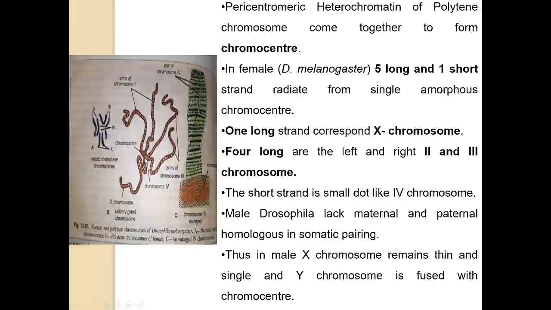The small strand forms the 4th chromosome, which is like a dot. In the male Drosophila, there is no somatic pairing, and that's why in the male the X chromosome is thin and single, while the Y chromosome is fused with the chromocenter.